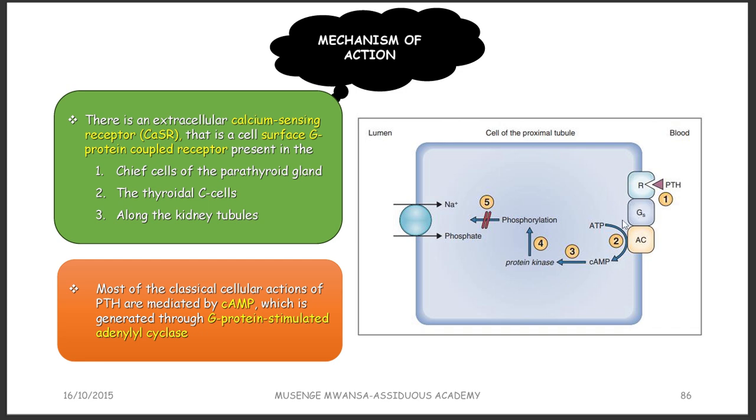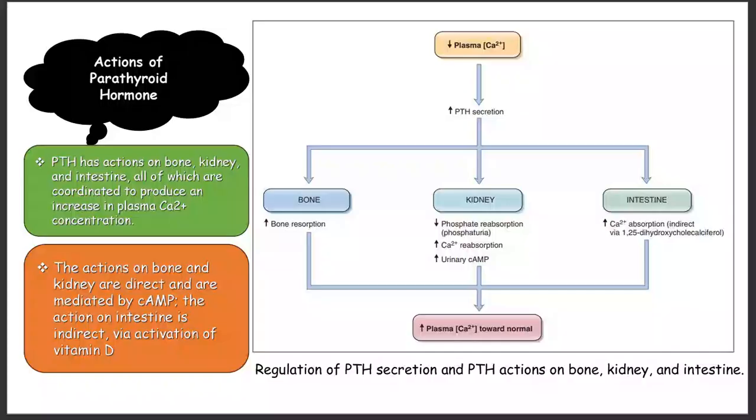The alpha subunit is going to move and activate adenylyl cyclase, which will convert ATP to cAMP. cAMP is going to activate protein kinase A, which is going to lead to phosphorylation of your protein. And when you phosphorylate protein, that is now going to lead to the actual function that you want. Remember the three actions, either on the kidney or on the bone.